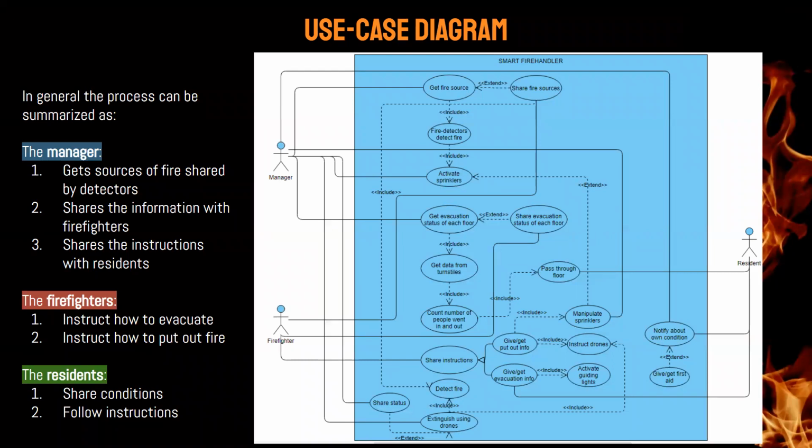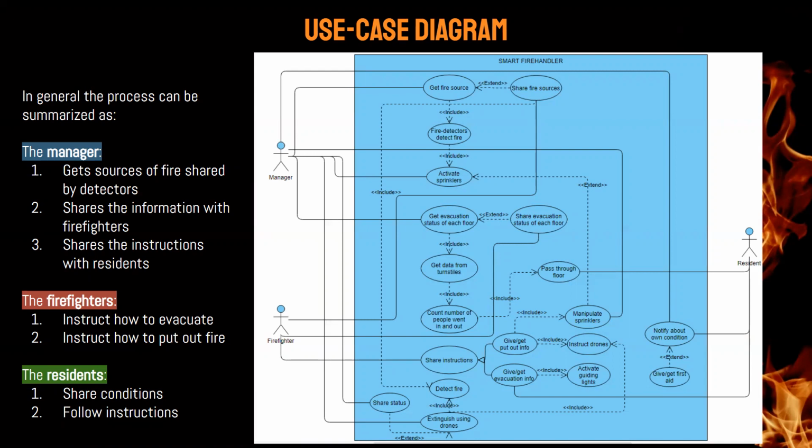It can be observed that the system utilizes sprinklers, detectors, drones, and turnstiles. We also need to know that firefighters do not independently guide or manipulate the different IoT devices. The way it's done is they get the information from the manager and share the instructions with residents and the managers of the building.